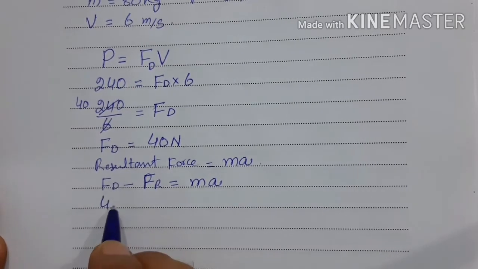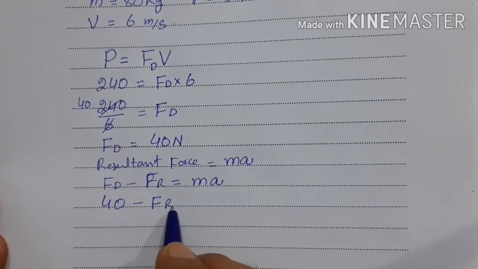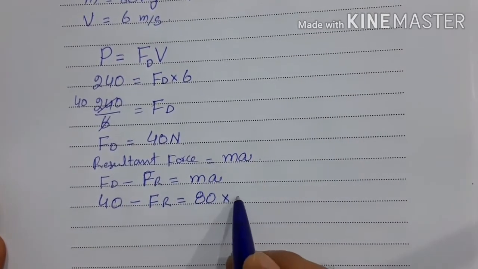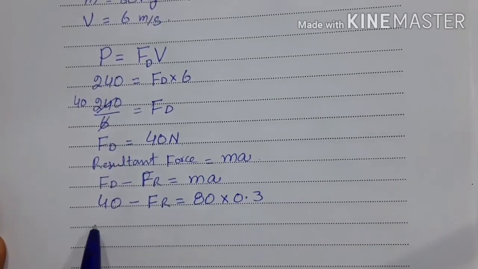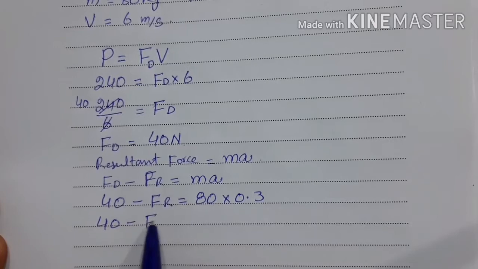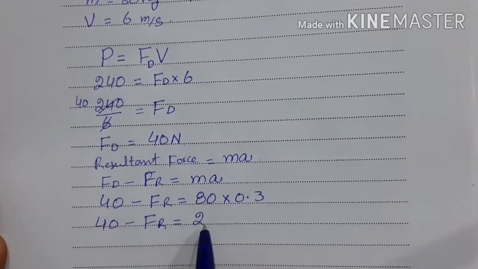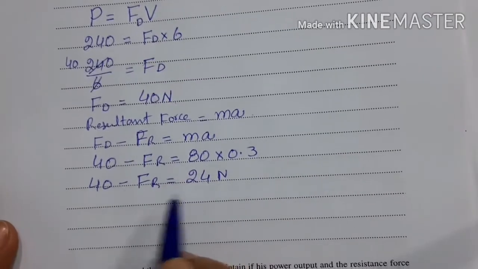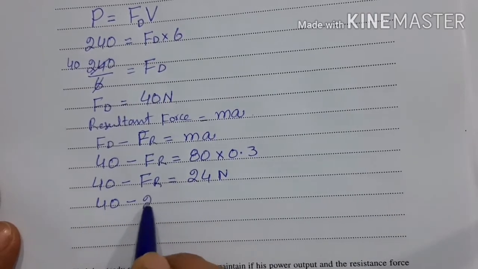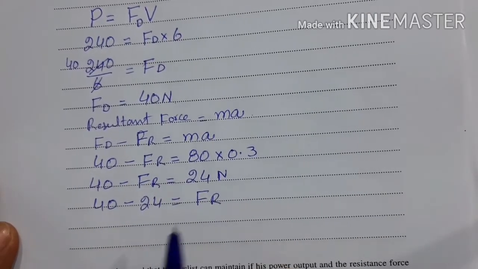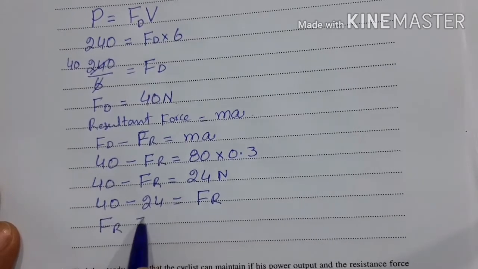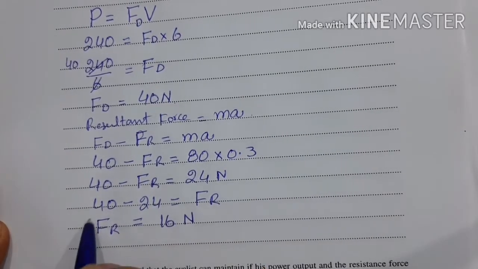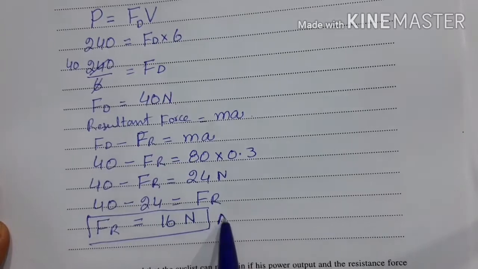So driving force is 40 newtons minus force of resistance is equal to mass 80 times acceleration 0.3, which is 24 newtons. So take 24 to the left and Fr to the right. It will become 40 minus 24 is equal to Fr. So force of resistance will be 16 newtons. This is our answer of part 1.